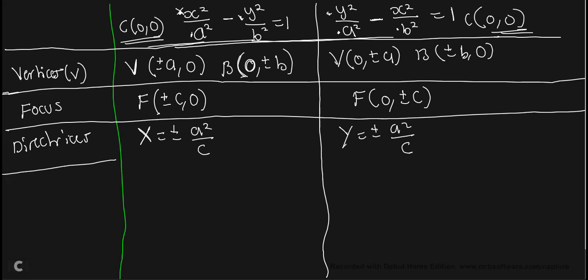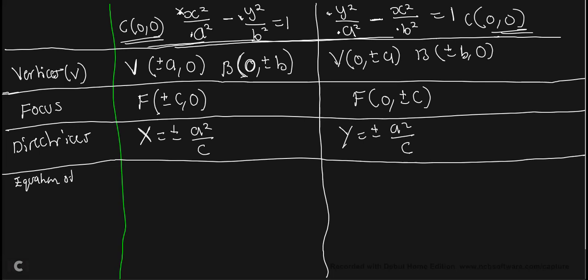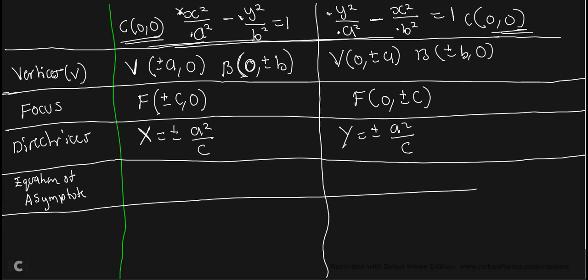And then the next thing is what we call the equation of asymptote. So in this situation, how do you identify the equation of the asymptote?